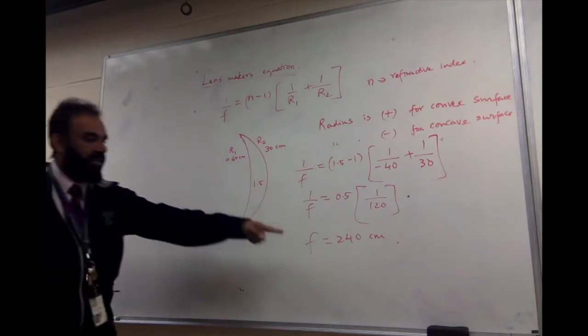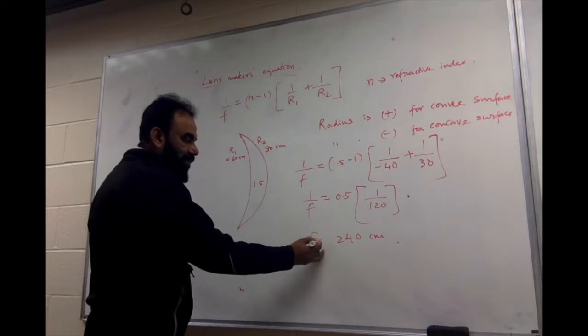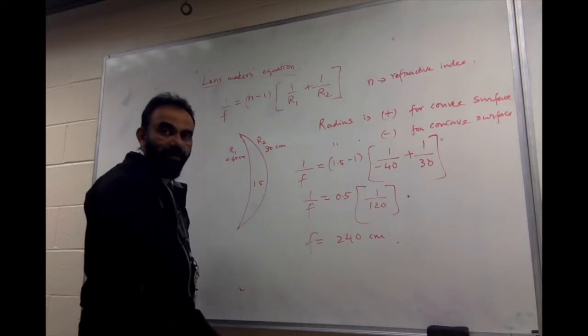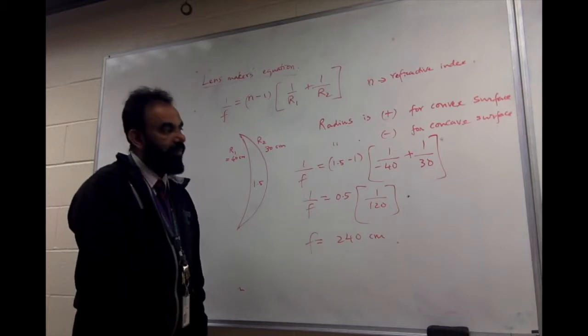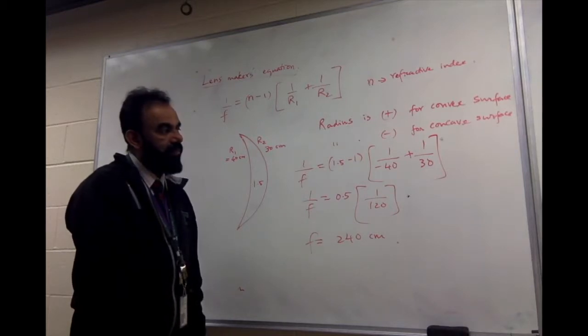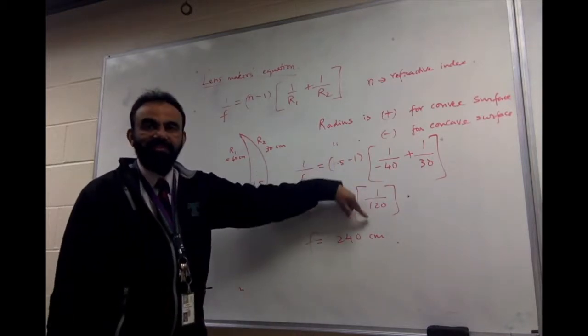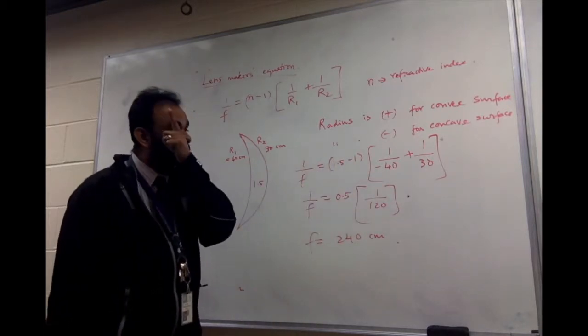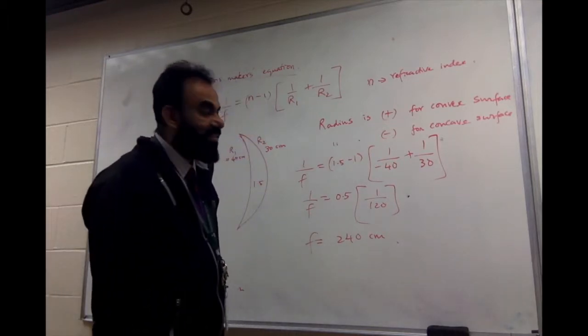Now, you're wondering how this one comes out here? Least common multiple. We're adding fractions.